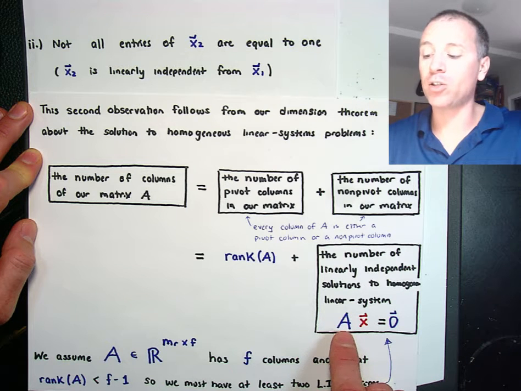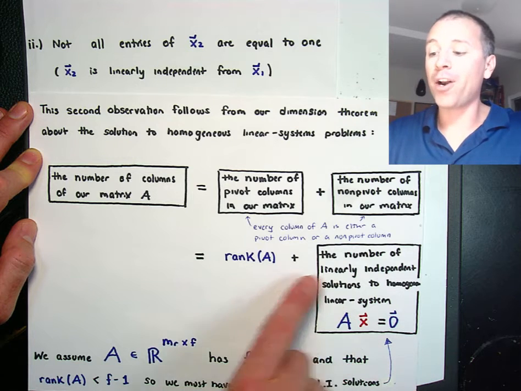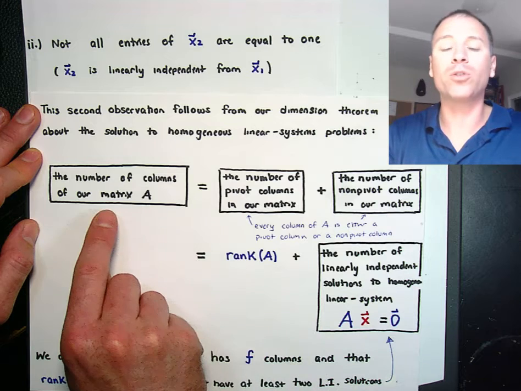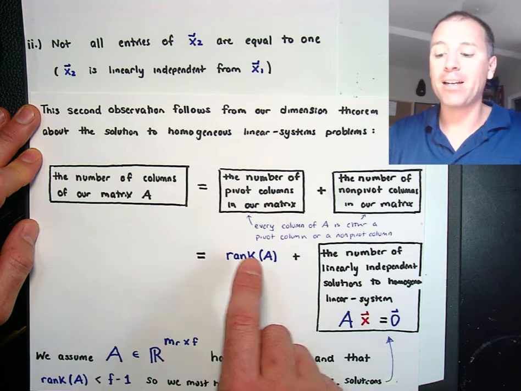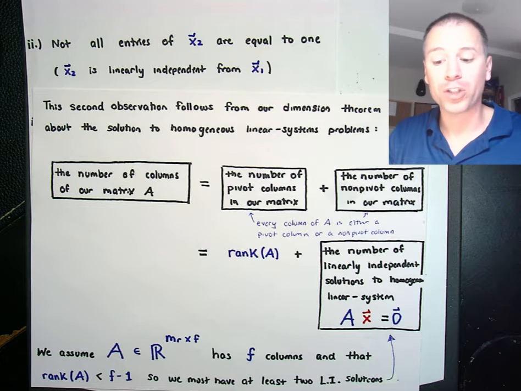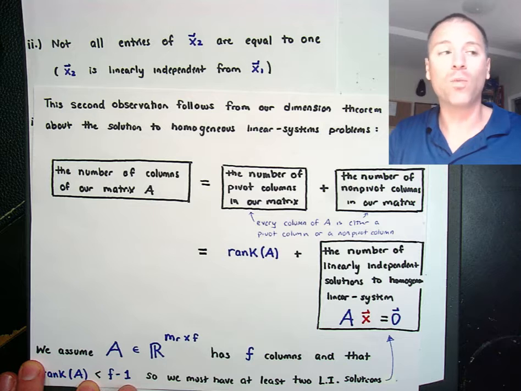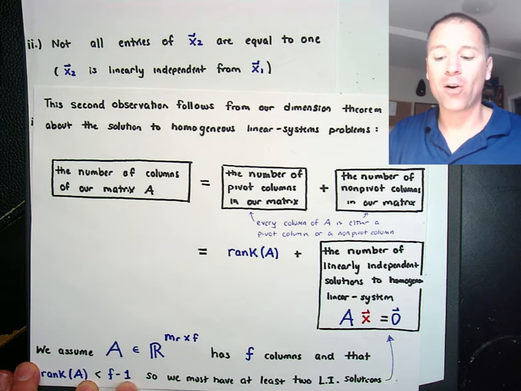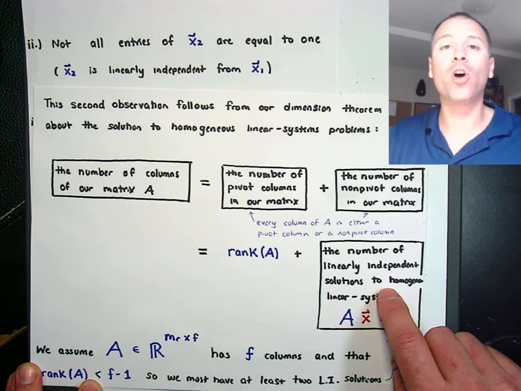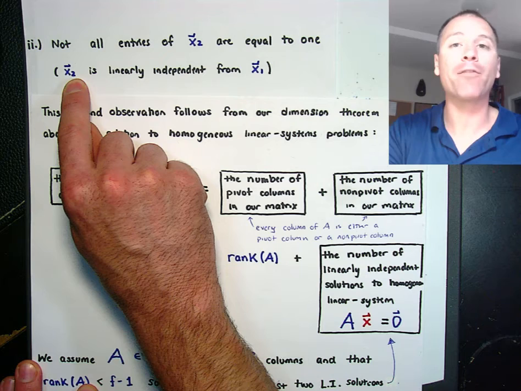So if I look at solutions to Ax equals 0, and I want to know the number of linearly independent solutions, that's equal to the number of columns minus the rank. But in our assumption that we're looking to force a contradiction from, we said that the rank of A was less than f minus 1, which means that there are at least 2 linearly independent solutions to the homogeneous linear system problem. x2 is the second version of that.